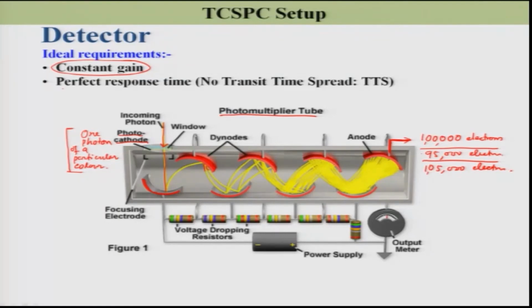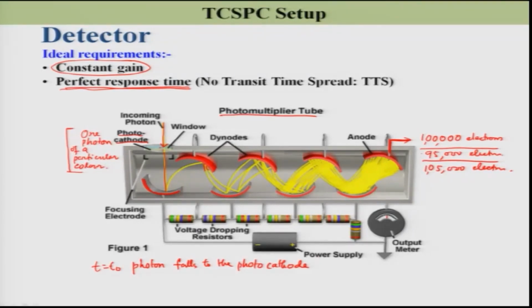Another thing, the detector must have a perfect response time. What I wanted to say is that, say at time t equal to t0, the photon falls on the photocathode.